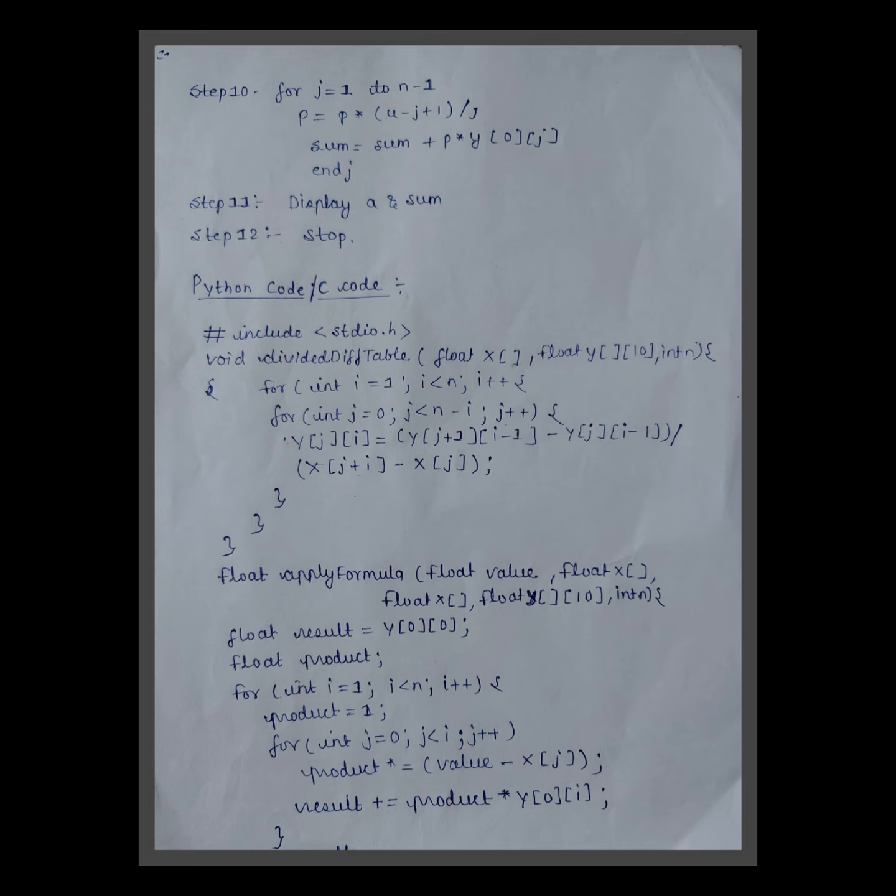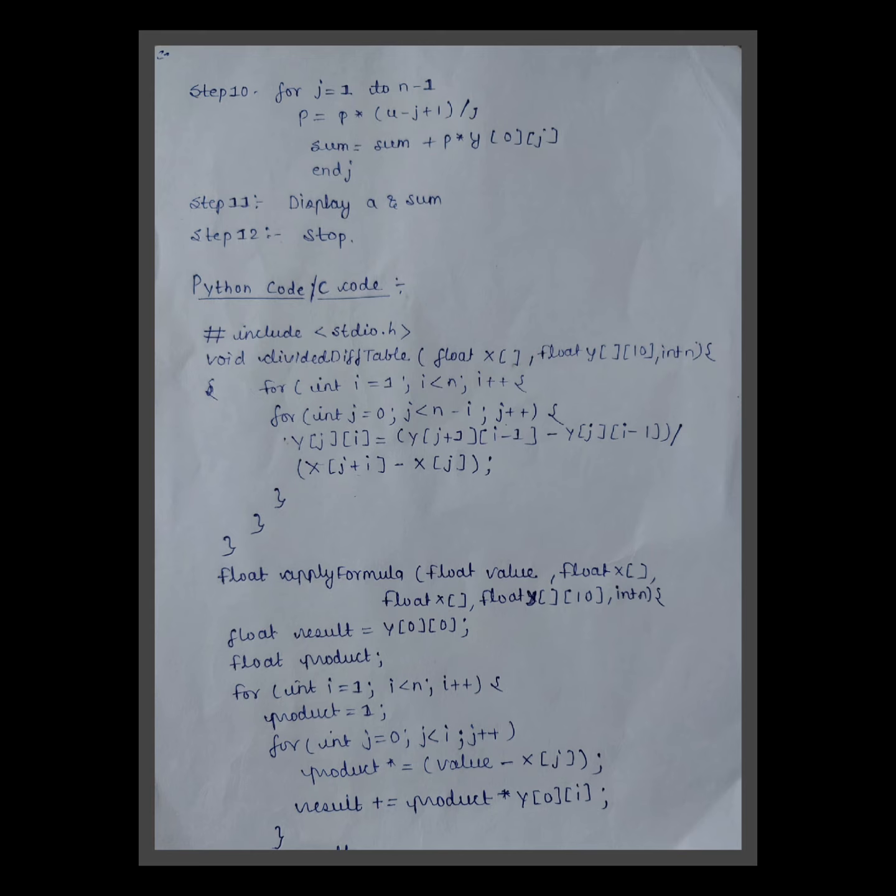Each column represents one level of difference. The outer loop controls the level or order of the difference. The inner loop computes values row-wise using the divided difference formula. We are storing results in the same 2D array y.